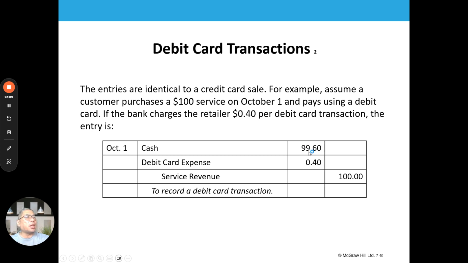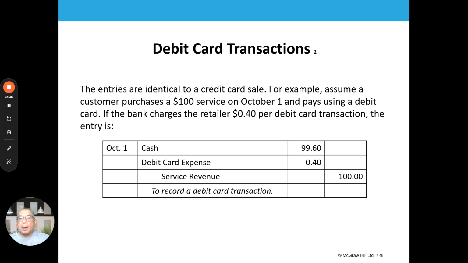Cash is $99.60, debit. Debit card expense 40 cents. Service revenue $100. So that's how you book it. The debit card expense is always cheaper compared to credit card because the fee is much cheaper. That's why some restaurants in Toronto prefer debit cards. If people don't bring cash, most transactions these days don't use cash, they use debit cards.